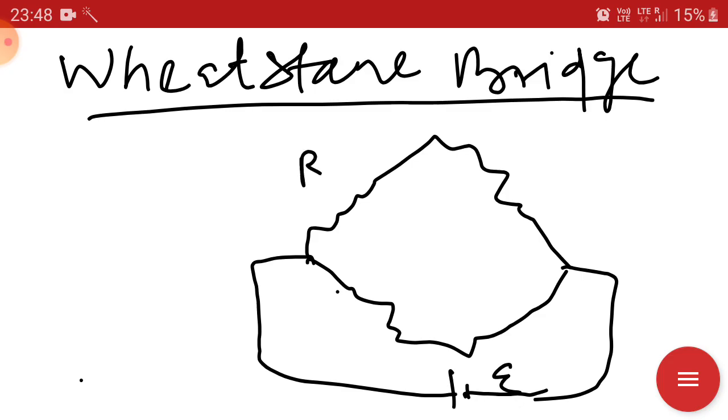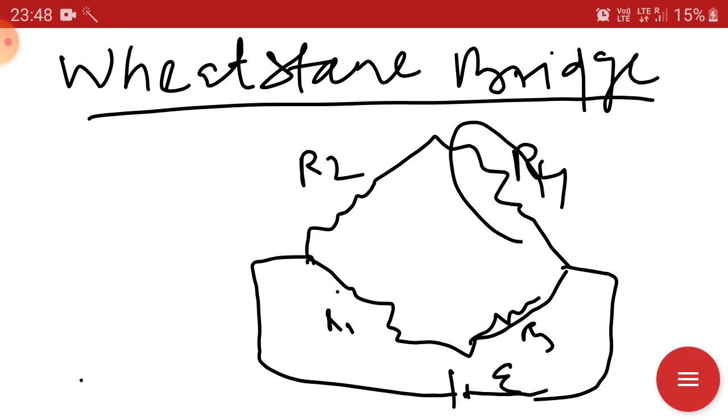Let's say this is R2, this is R1, this is R3, and this is R4. R1 and R2 are both fixed resistors. R4 is the unknown one.